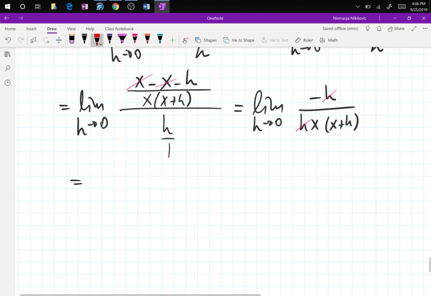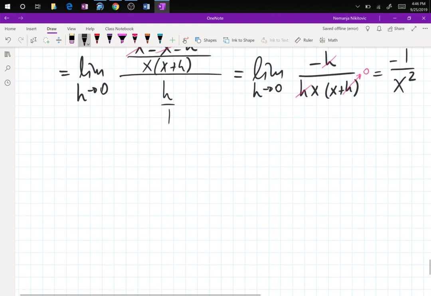So now when this h goes to 0 because of the limit, we have the answer of negative 1 over x squared. So h canceled h, you're left with negative 1 in the numerator. And over here, since this h goes to 0, this one canceled. You just have x times x, and x times x is x squared.